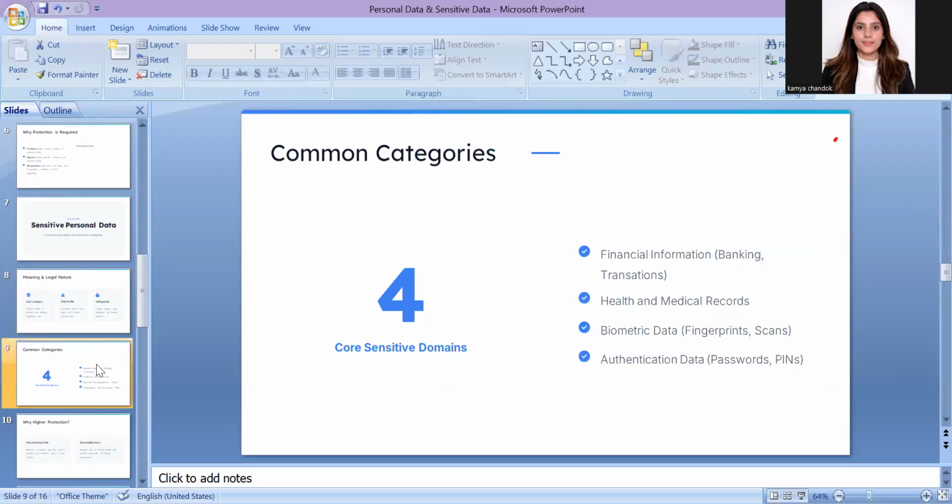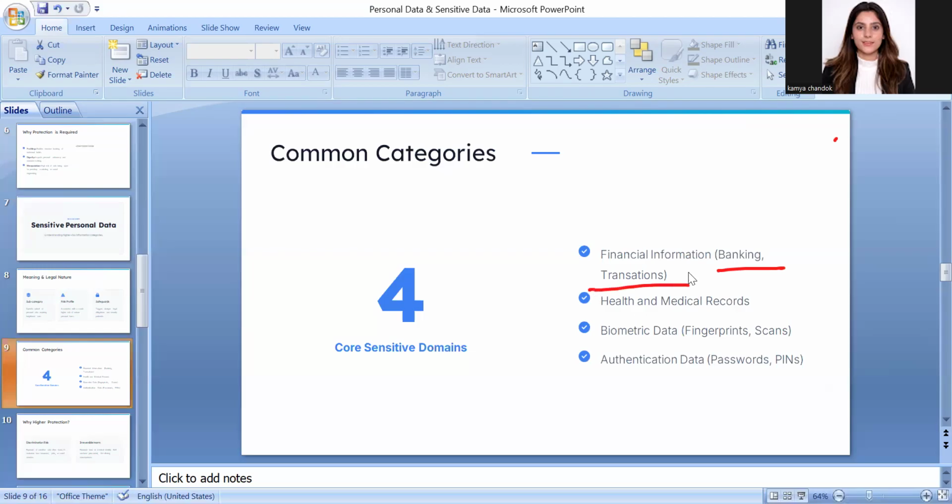Now let's talk about the common categories of sensitive data. Sensitive data typically includes financial information, like banking information and related transactions. It could also include health and medical data, biometric data, sexual orientation, religious or political beliefs, and passwords and authentication data.